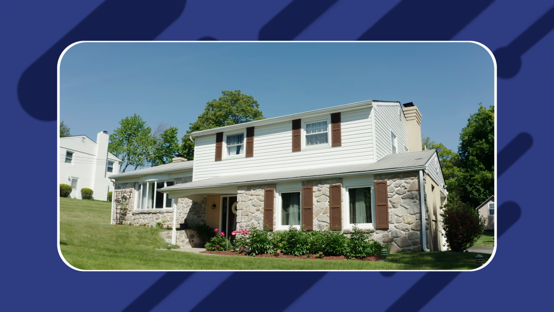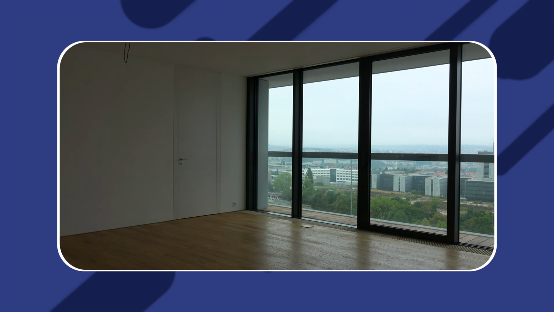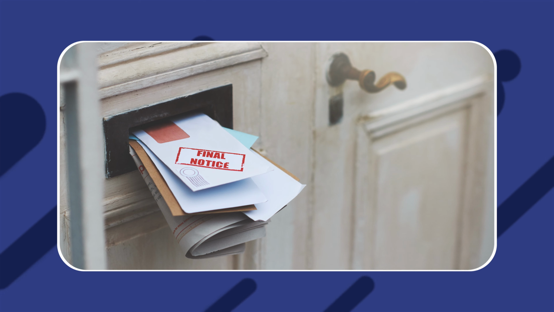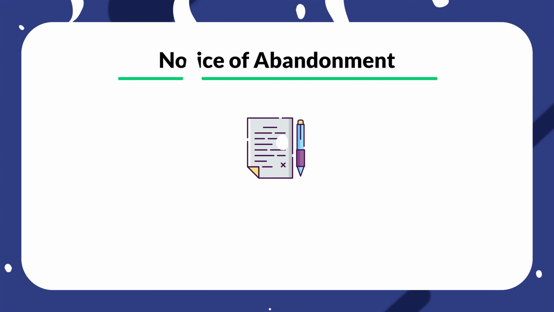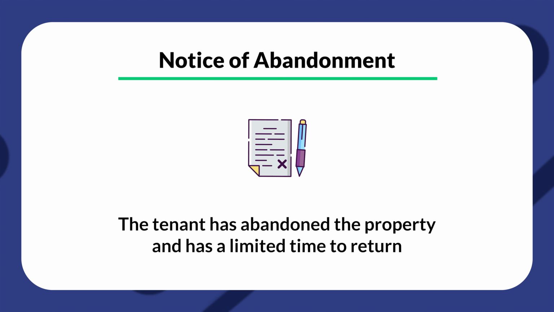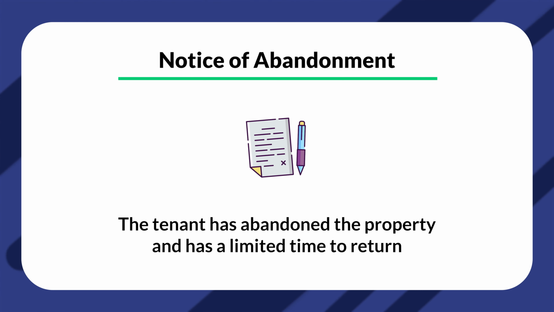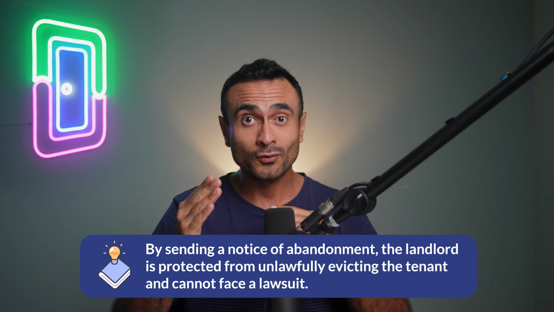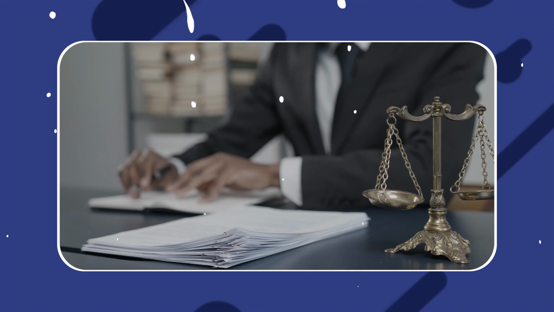The first thing that must be done when you suspect that the tenant's property has been abandoned is to display a notice on the property where it can clearly be seen, like the front door or things like that. The notice should state that the tenant has abandoned the property and has a limited time to return. By doing this, the landlord is protected from unlawfully evicting the tenant and cannot face a lawsuit.